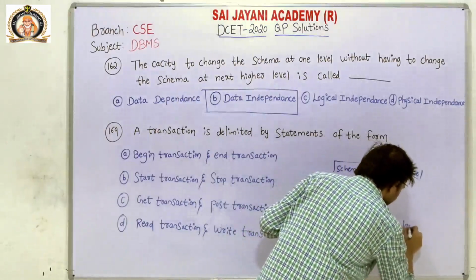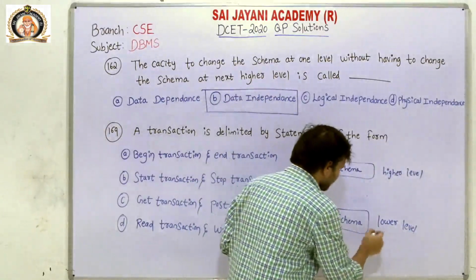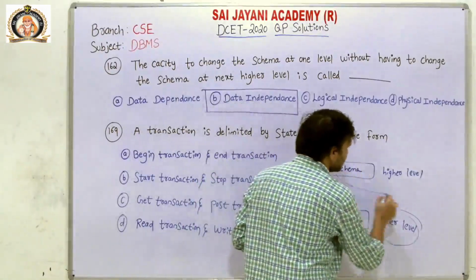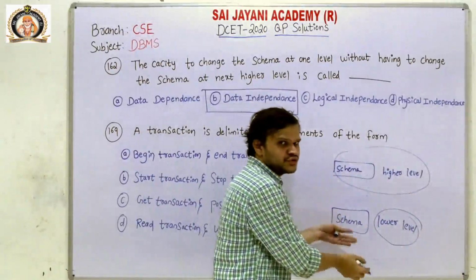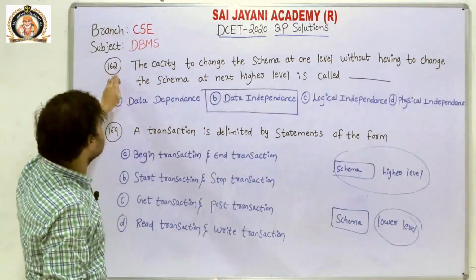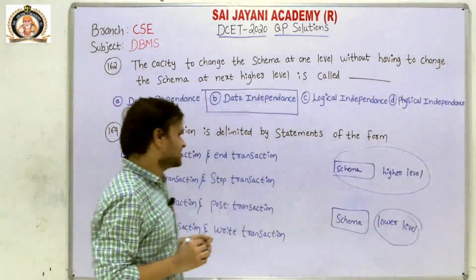If we change the schema at the lower level, it will not affect the schema at the higher level. That means both are independent of each other. So for question number 162, option B, data independence, is the right answer.